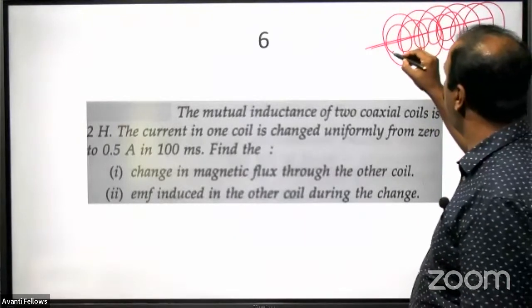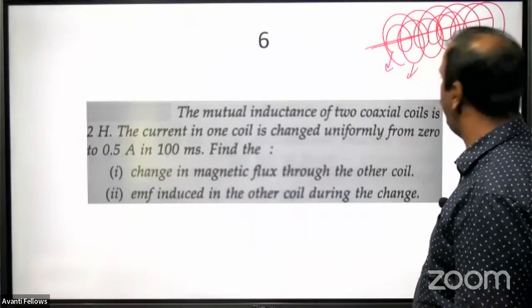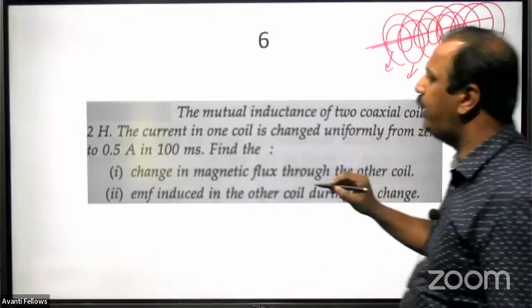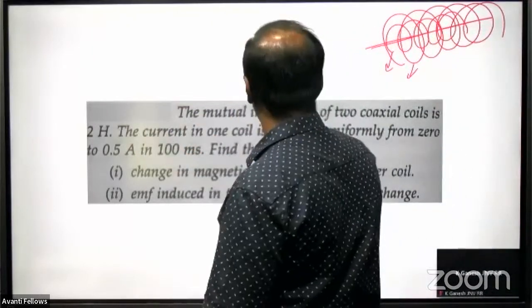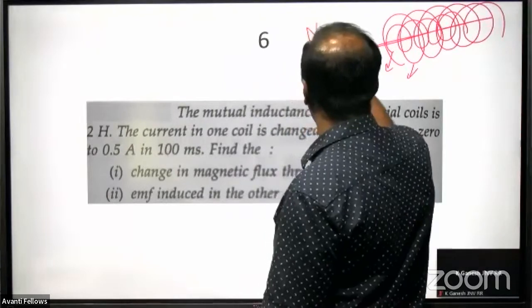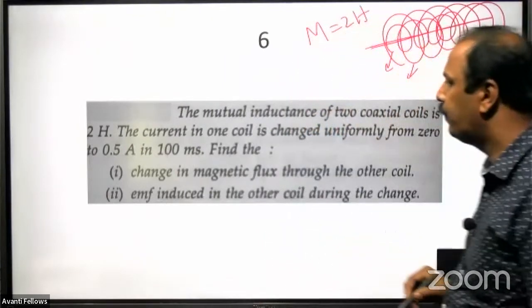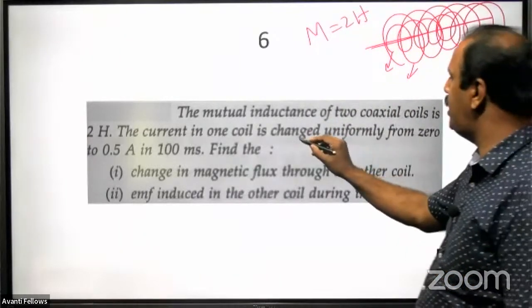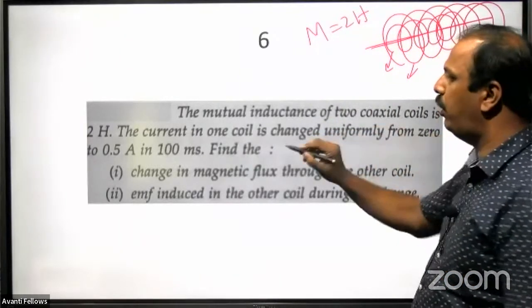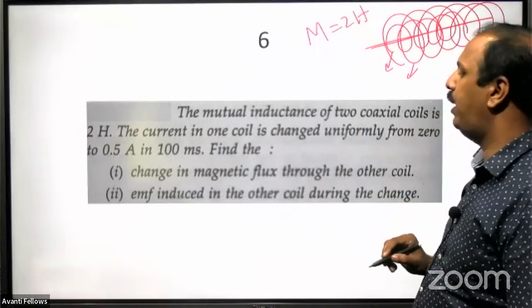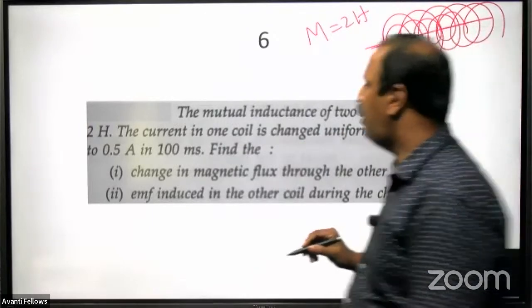And their mutual inductance is 2 Henry. So the mutual inductance M is 2H. The current in one coil is changed uniformly from 0 to 0.5 ampere in 100 milliseconds.